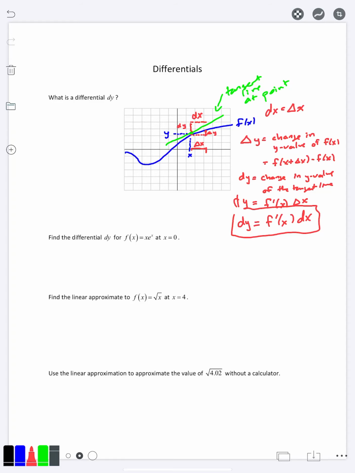Of course, if you're really thinking about it, you might be like, wait a second, we already know that the derivative is the same as dy dx, and if you multiply both sides by dx, you get that exact same formula, so why did I do all this picture thing here? Well, I did all the picture thing to try to understand graphically what we're talking about, but yes, it's the exact same formula.